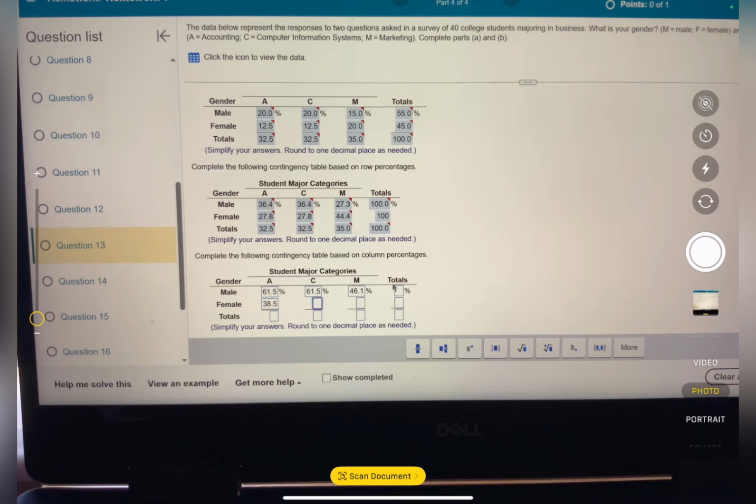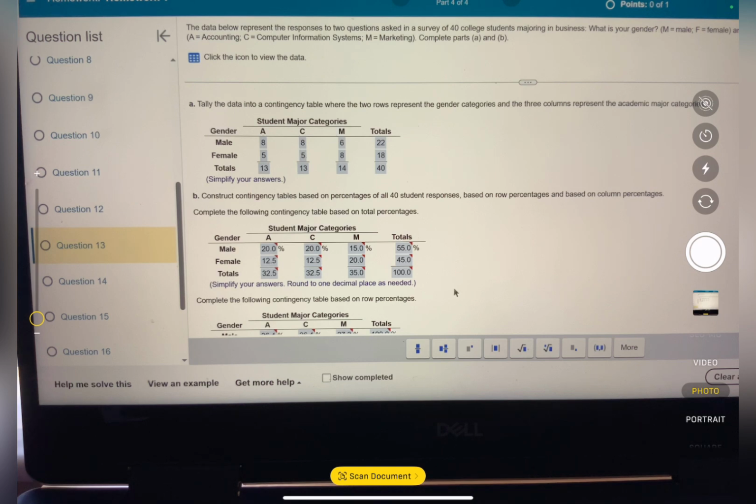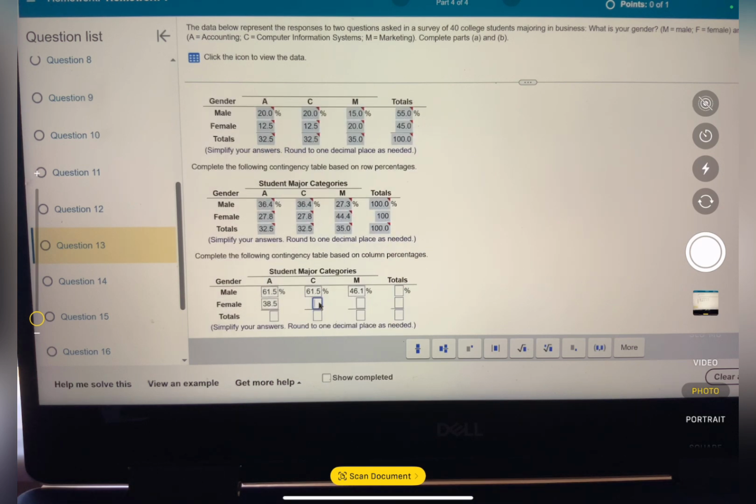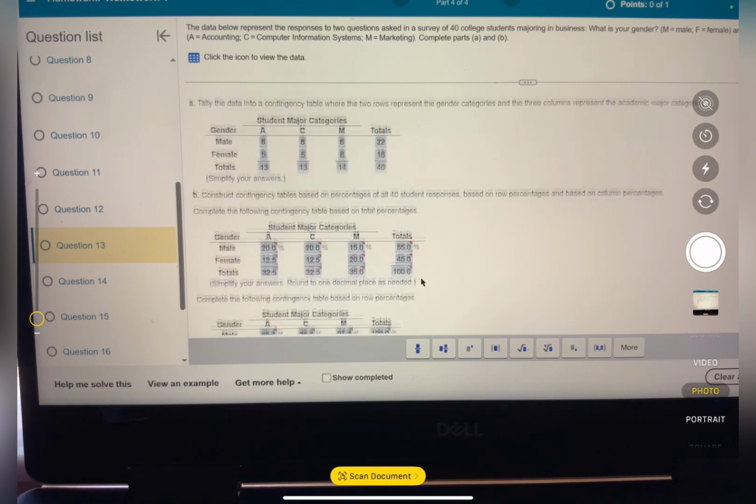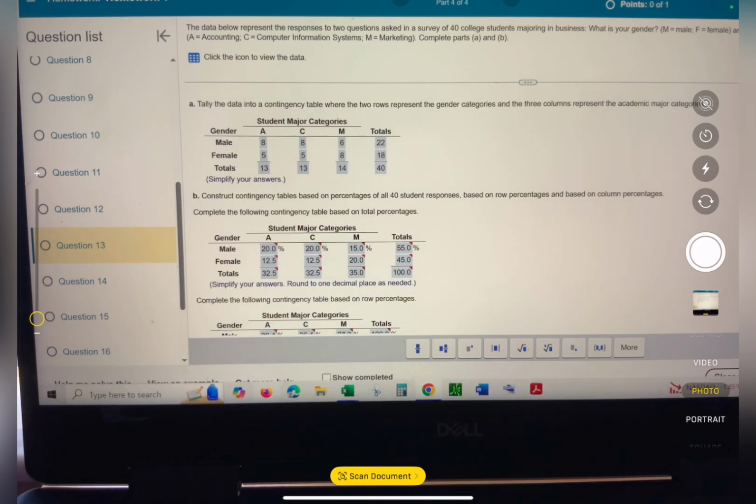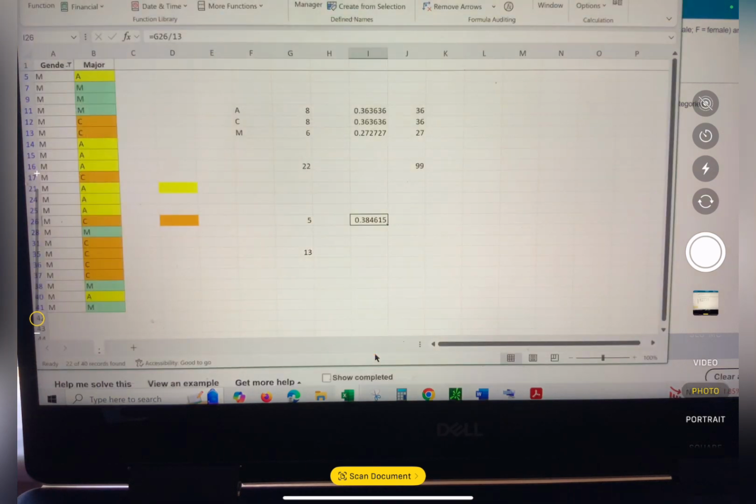And since here we also have the same number 5, it's going to be 38.5. And this one, it's going to be 8 divided by 14. 8 divided by 14.